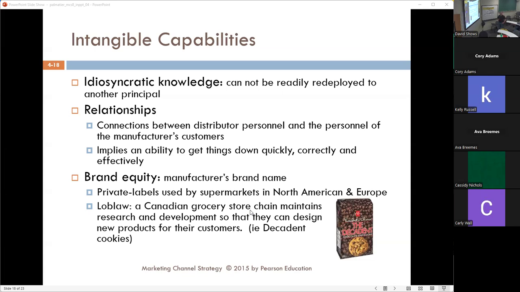And then finally, the brand equity. You may have such compelling power as a brand that you can dominate all the way down to the channel itself. Oh gosh, what am I thinking of?